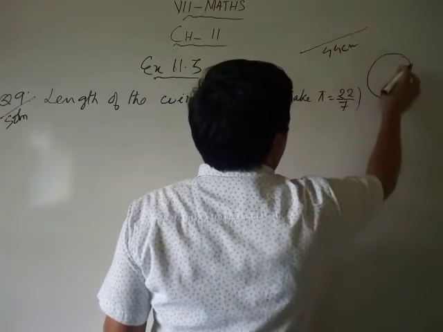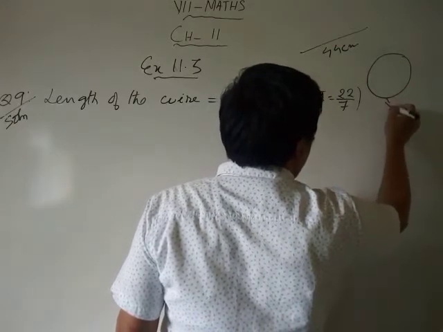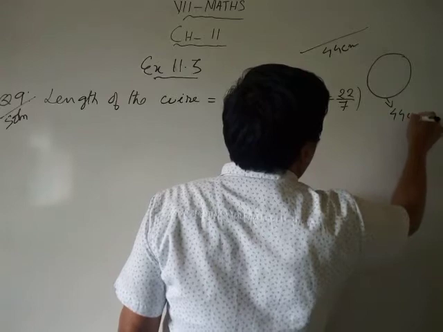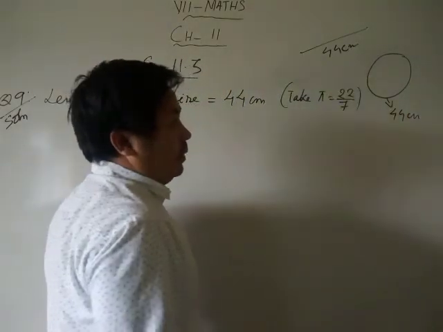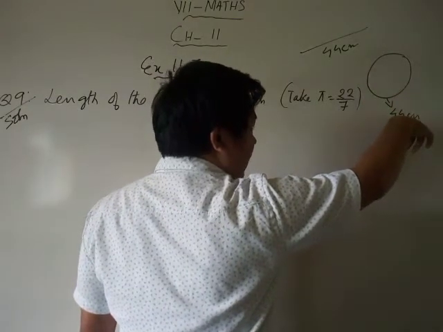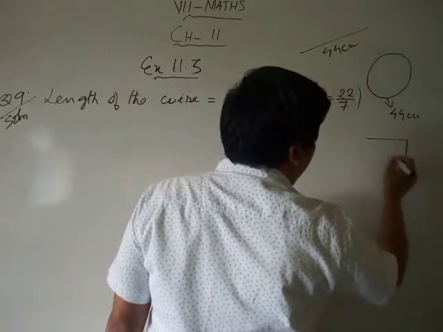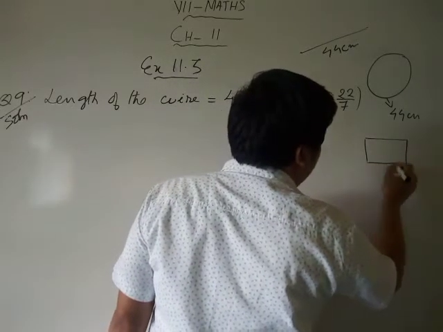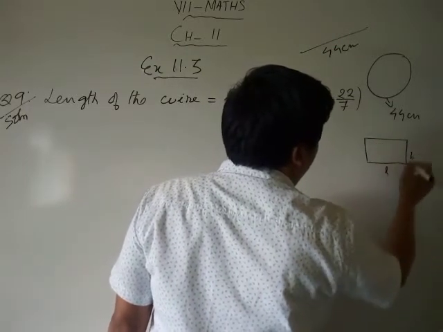So it is bent as a circle, and this circumference will also be 44 centimeter, isn't it? It's made by the length of this 44 centimeter. So the circumference will be 44 centimeter. And again, when this wire is reformed as a rectangle, it asks to find out the length and breadth.